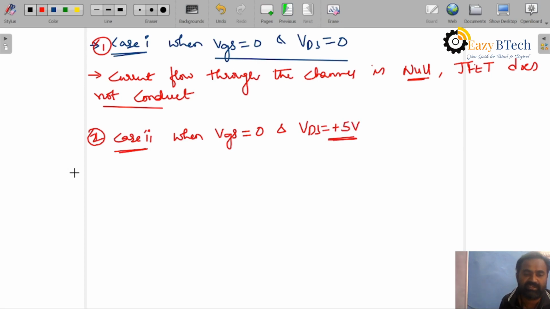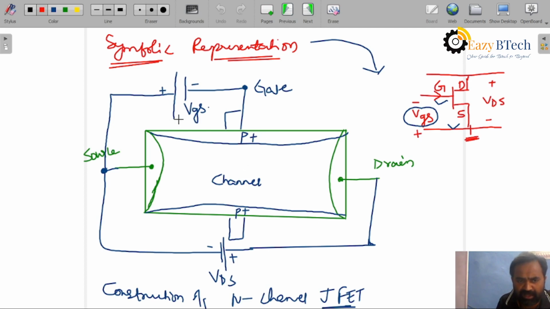Now you can see we are not applying any voltage across VGS. Now you are applying this VDS voltage, so all the negatives are moving this side.